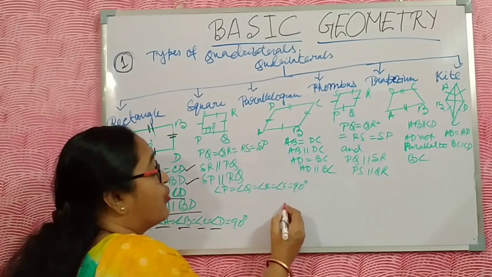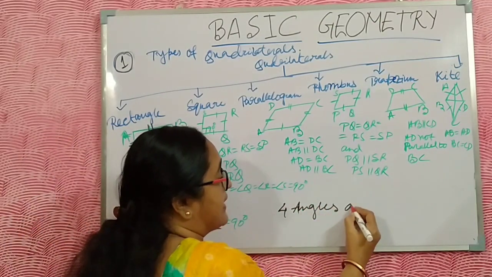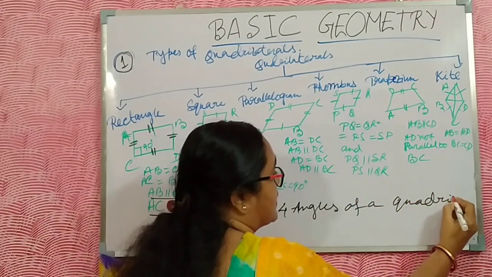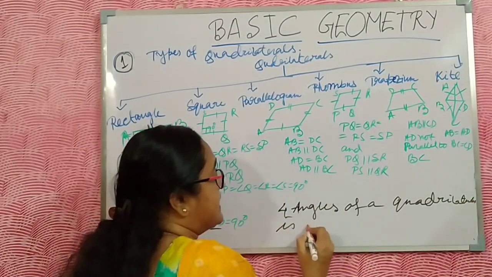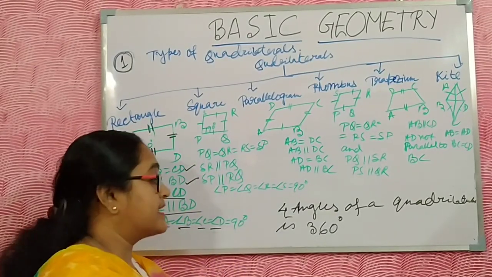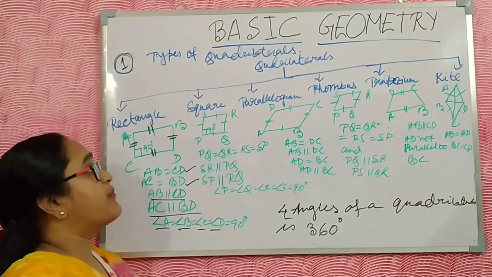All the students listen carefully: the four angles of a quadrilateral sum to 360 degrees. Now I discuss the square.